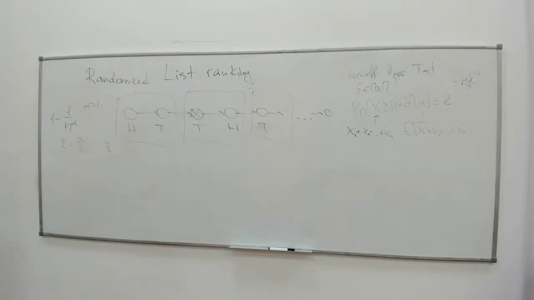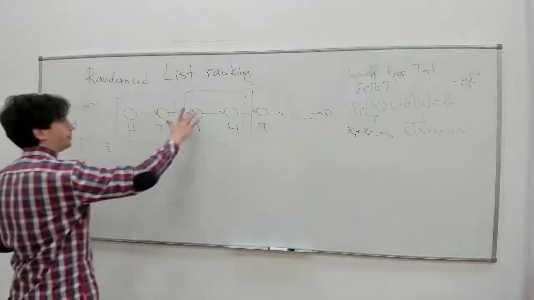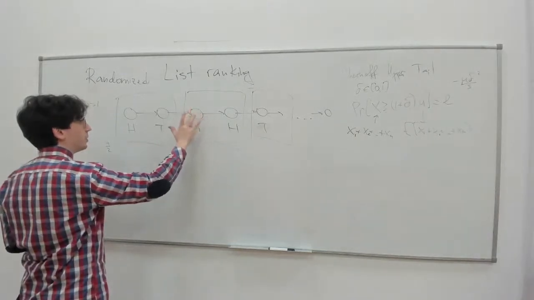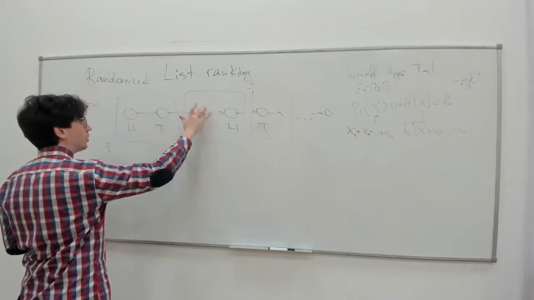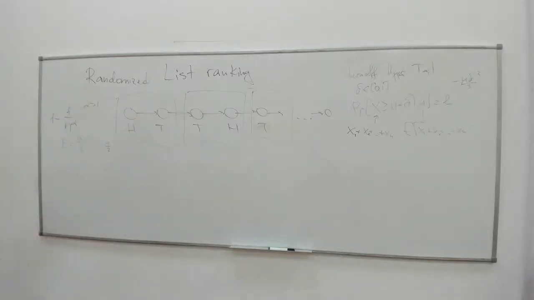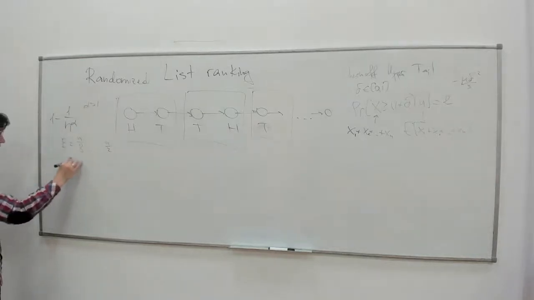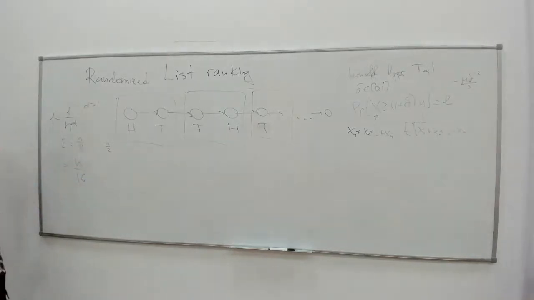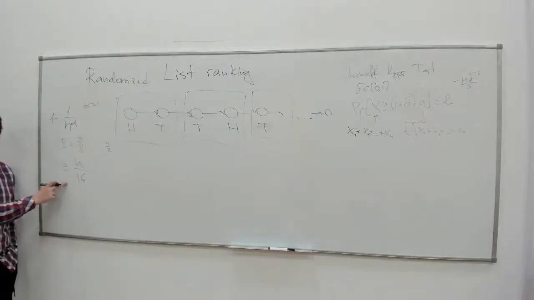Failure is when we don't kick out the guy here. So I will be trying to prove that I will shrink at least n over 16 elements. I will try to prove that with a very high probability, n over 16 elements will be taken out.